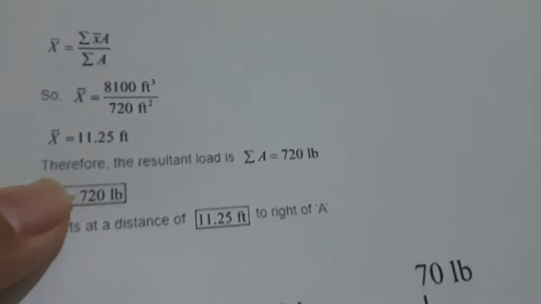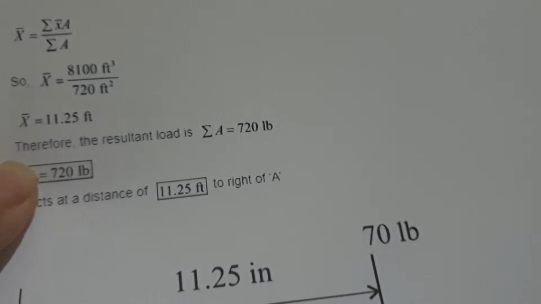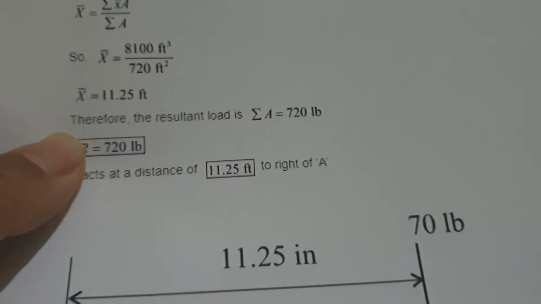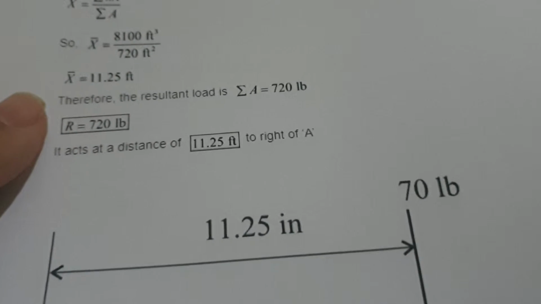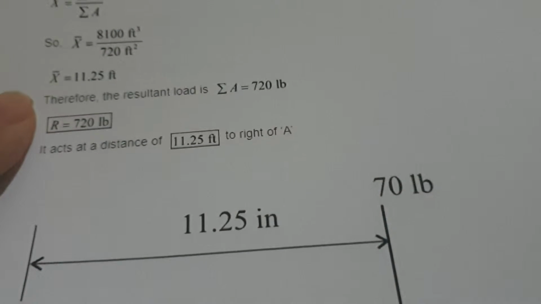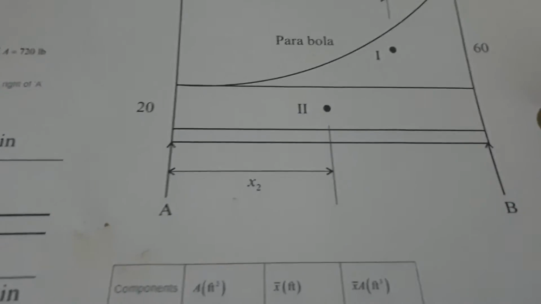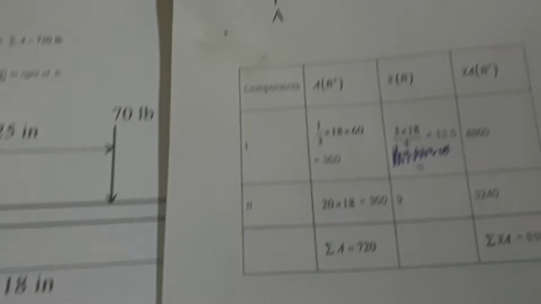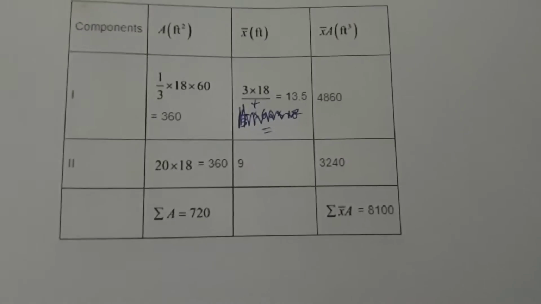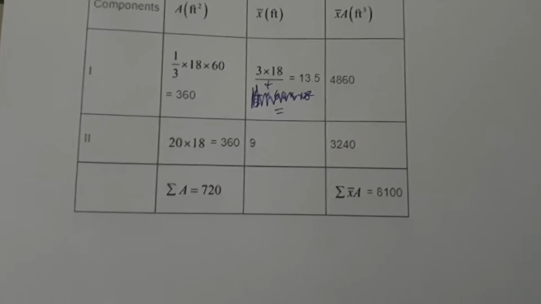X bar is 11.25. Therefore, the resultant is located at 11.25. Okay. So the summation of the area, remember, was 720. That's what we mentioned before. And this is equivalent to the resultant.